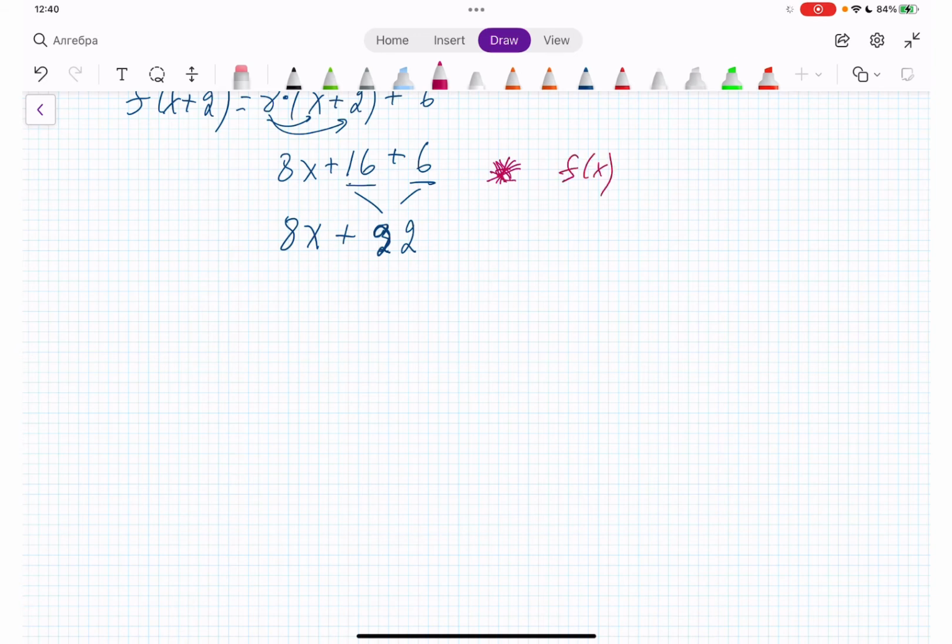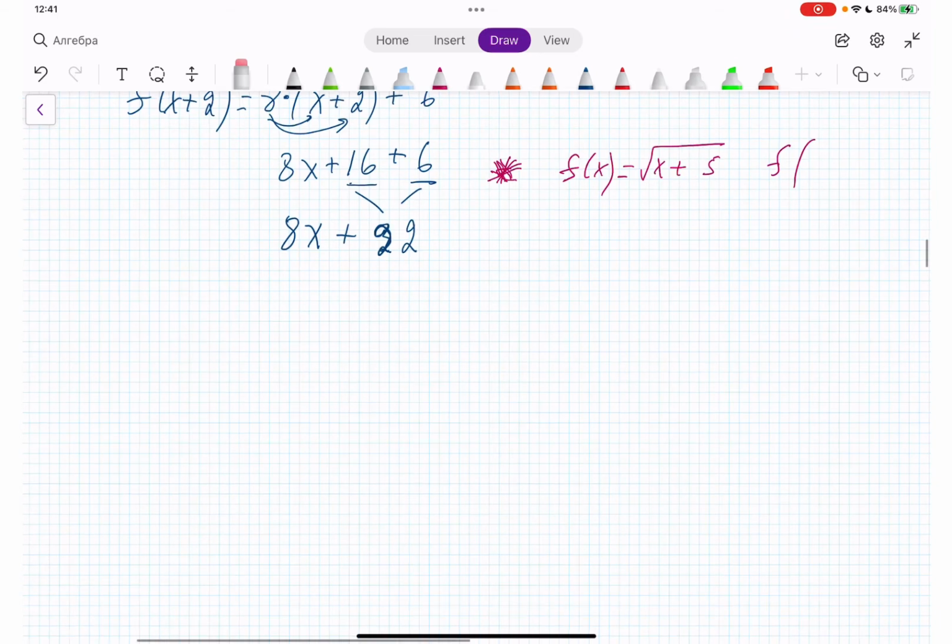Okay, we have f of x, let's say, is equal to square root of x plus 15. We need to find f of negative 10.